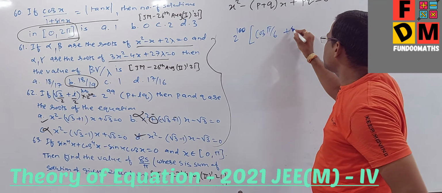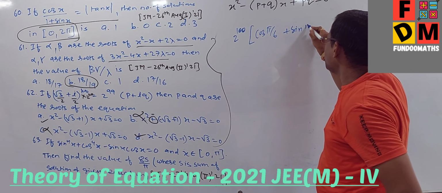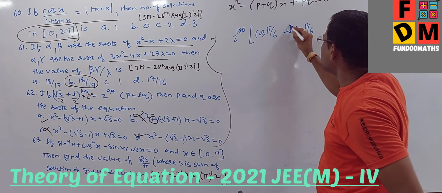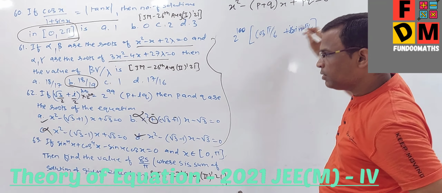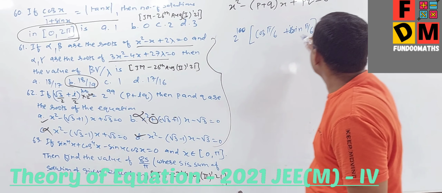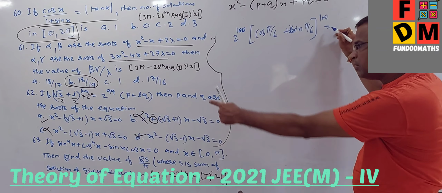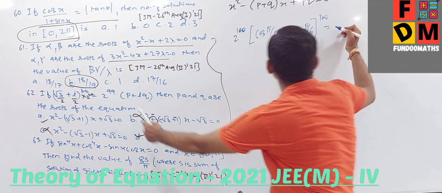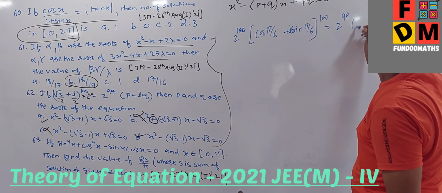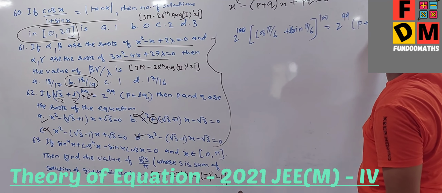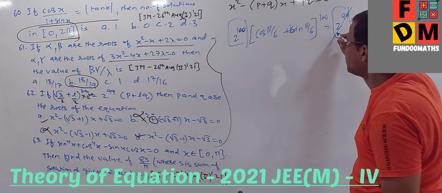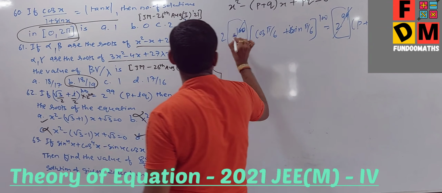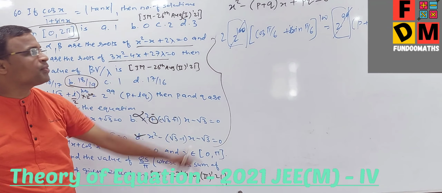Half is sin 30, so i sin pi by 6, and to the power 100, because this 100 will remain as it is. And that's equal to 2 to the power 99 (p plus iq). So this 2 to the power 99 and 2 to the power 100 will be cancelled, so I'll be left with 2 here. And then the rest is this.